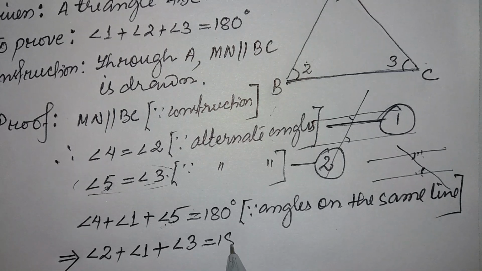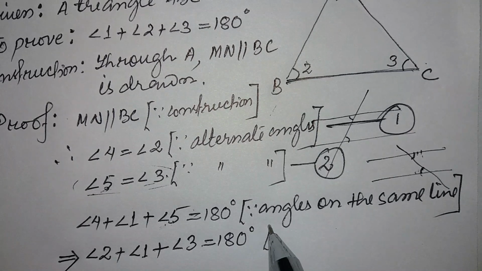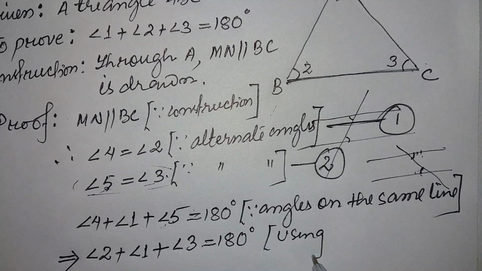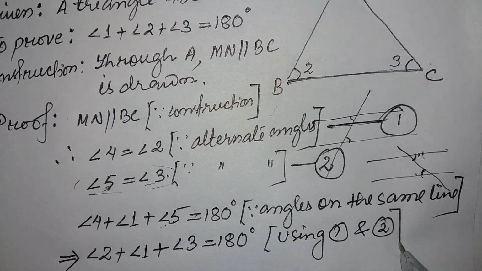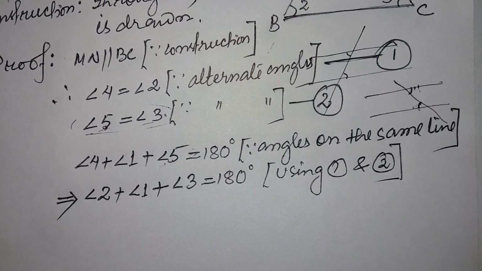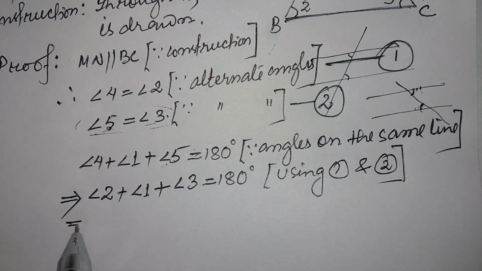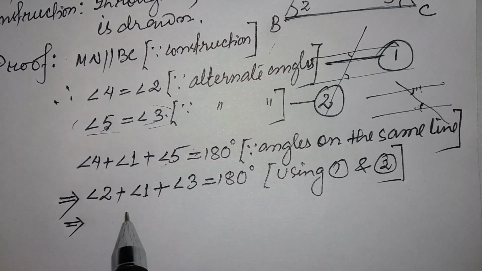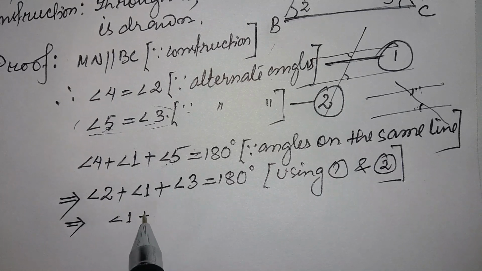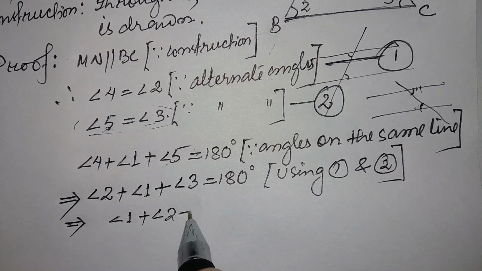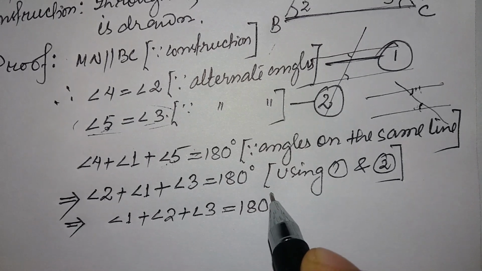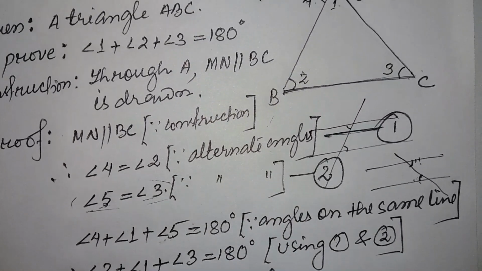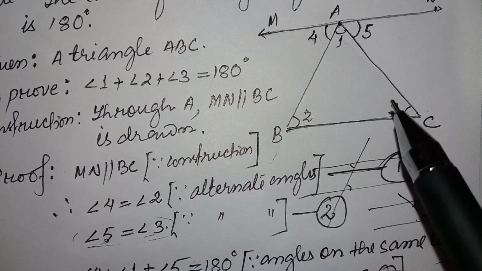Now this is 180 degree. Here we are using 1 and 2. Now we already have got the proof here. Let's just rearrange this. Angle 1 plus angle 2 plus angle 3 is equal to 180 degrees. So in this way we can prove this property.